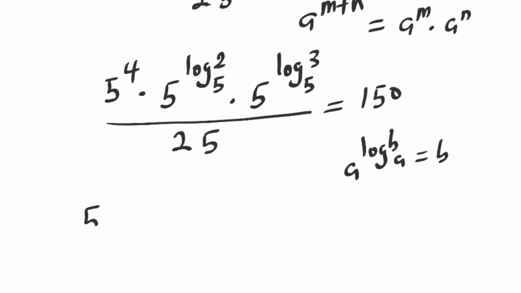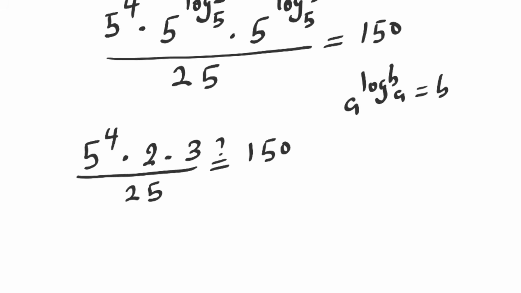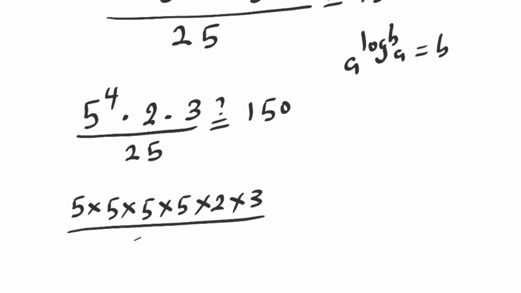Then this is 5 raised to power 4 multiplied by 2 multiplied by 3 all over 25 must be equal to 150. 5 raised to power 4 is 5 multiplied by 5 multiplied by 5 multiplied by 5, then multiplied by 2 multiplied by 3 all over 25 is 5 multiplied by 5, must be equal to 150.